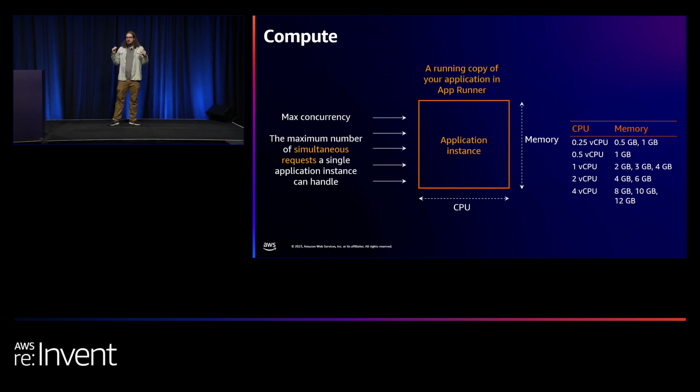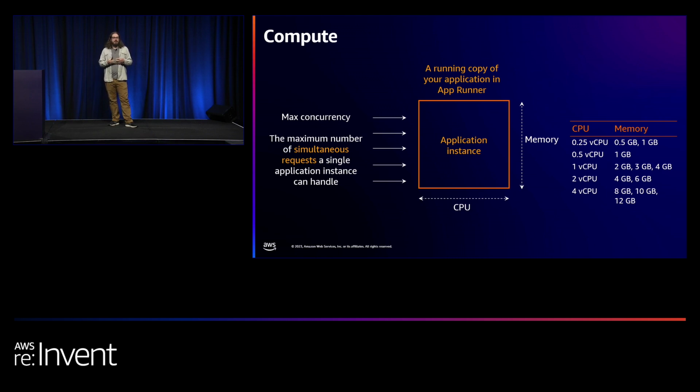So if multiple simultaneous requests arrive, there are multiple function instances that get spun up in the background. App Runner allows you to specify max concurrency, which is how many simultaneous requests you think that this particular instance of your application can handle using its given CPU and memory.